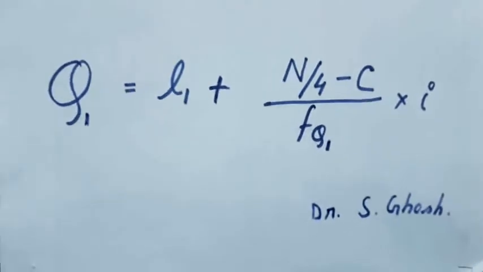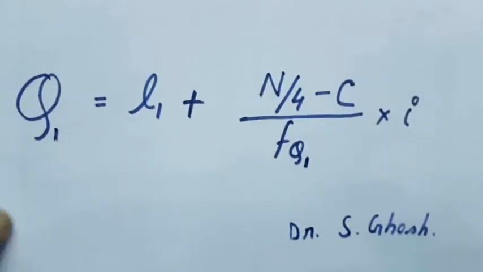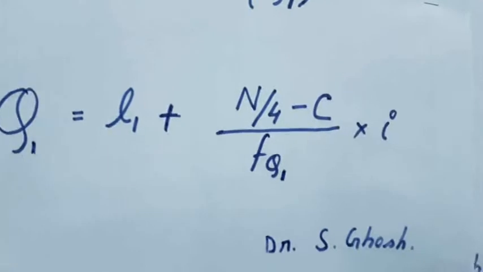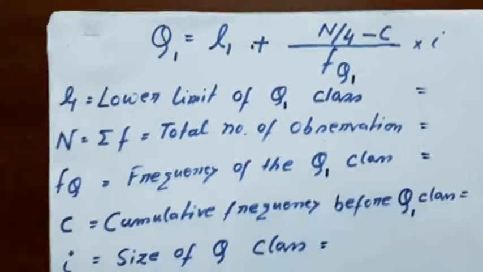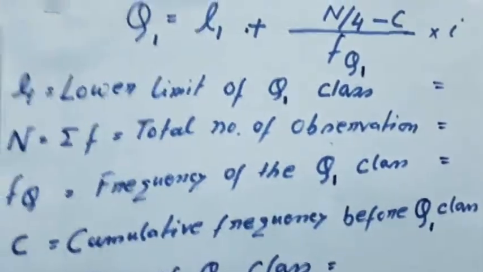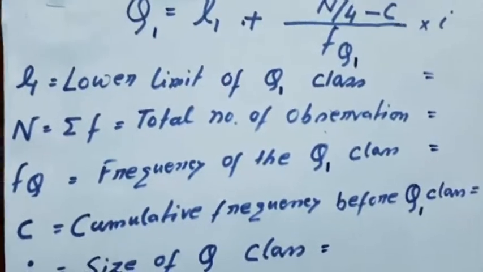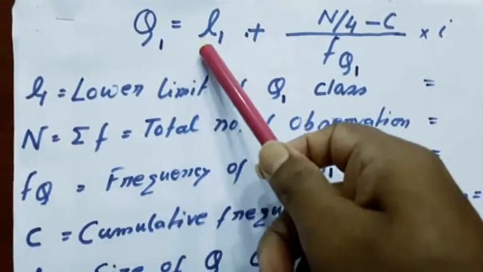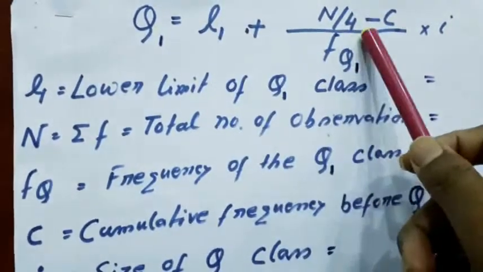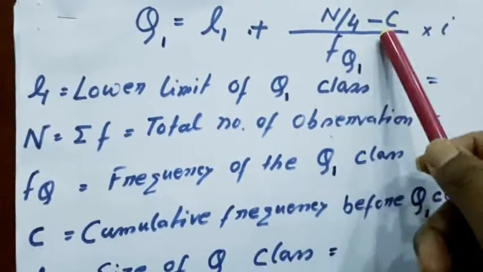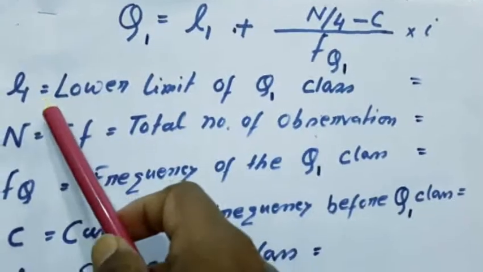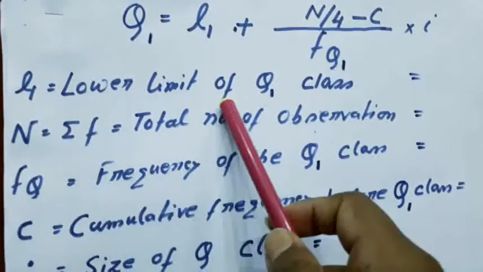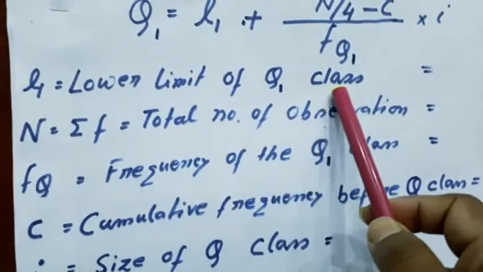Now we will see the interpretation of each and every term used in the formula. This is the formula: Q1 equals L1 plus n by 4 minus C into I by FQ1. L1 represents lower limit of first quartile class.